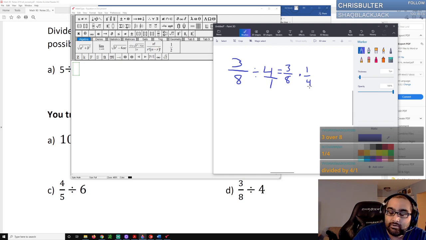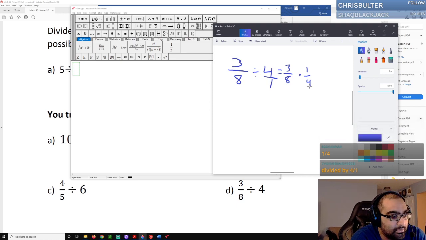Very good. So we put the 4/1 so that it helps us see exactly how that should be handled. And then we change it to the reciprocal of 4/1, which is 1/4. And now we just see if there's anything in common between the numerator and denominator.